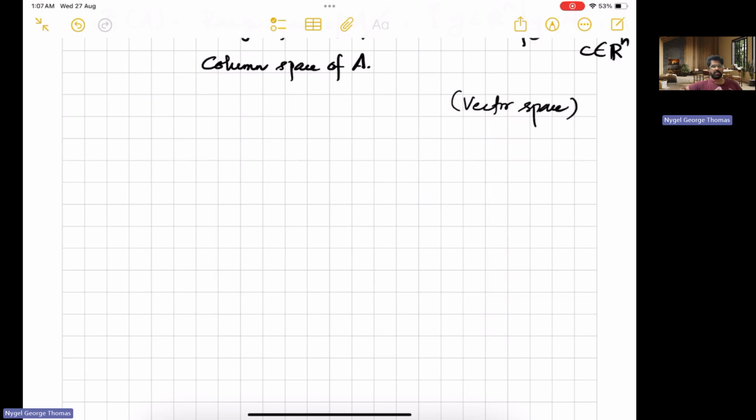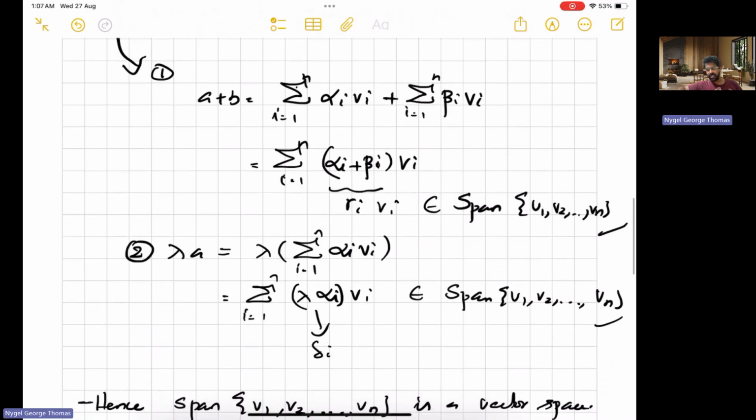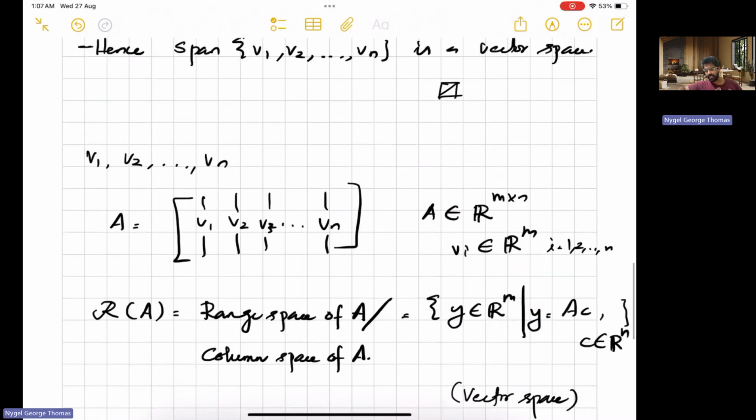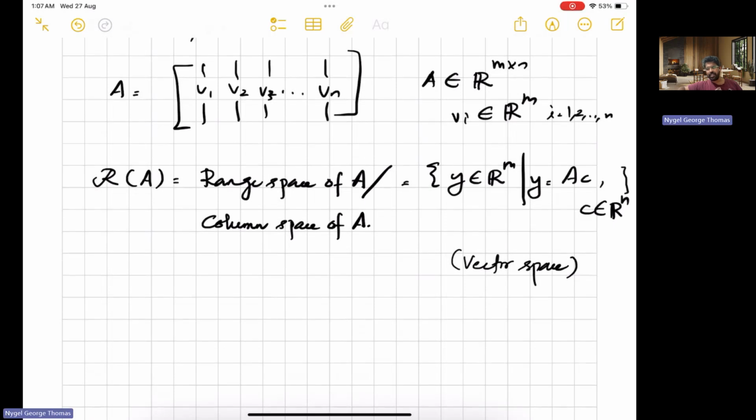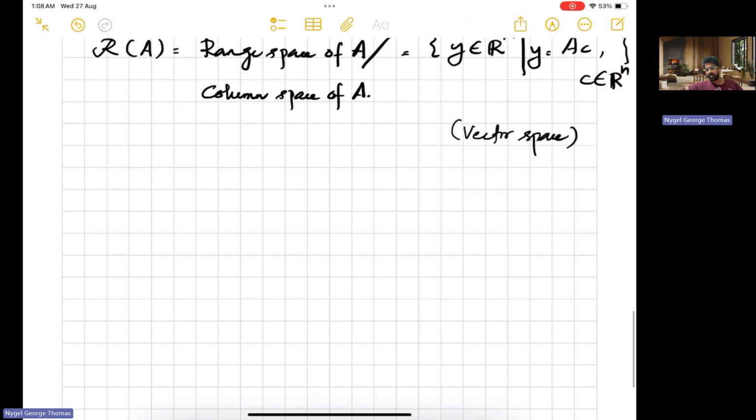So we've seen the concept of span. We've seen how you express that in terms of vectors. We've seen that the span of vectors is a vector space. We've also seen the range space of A. If we stack these vectors as columns of a matrix, we can express a span as a matrix multiplication between this matrix and any vector C, C being the coefficients of the linear combination of these vectors.